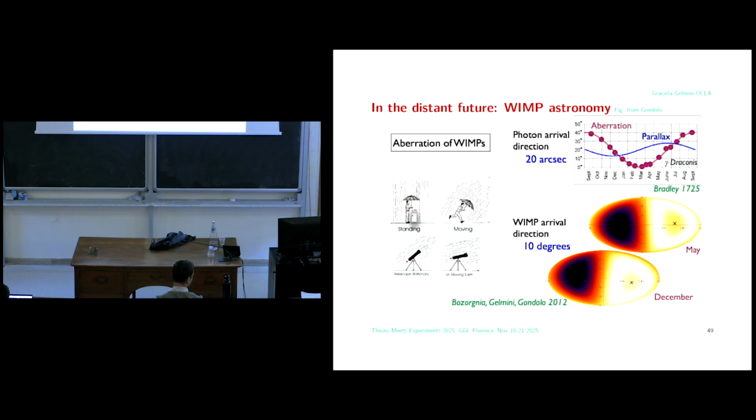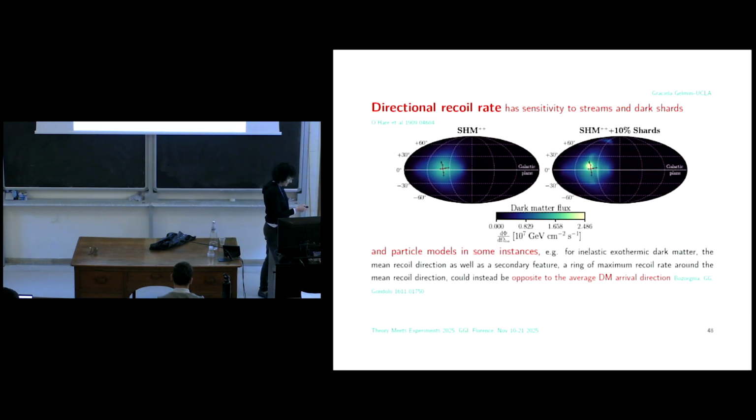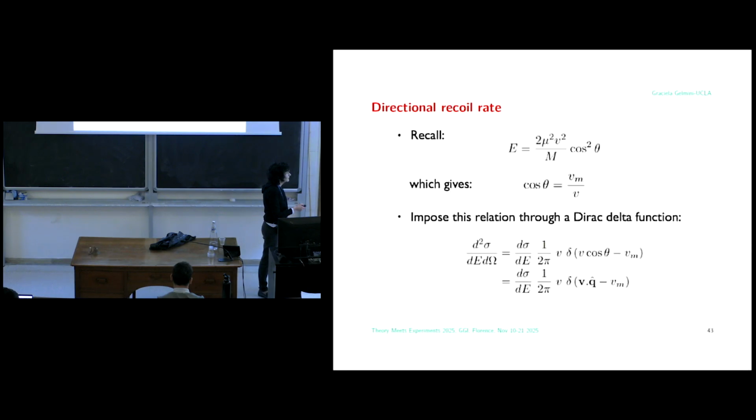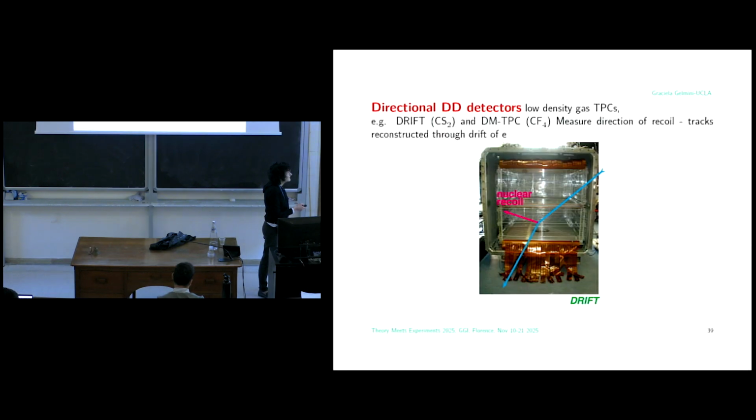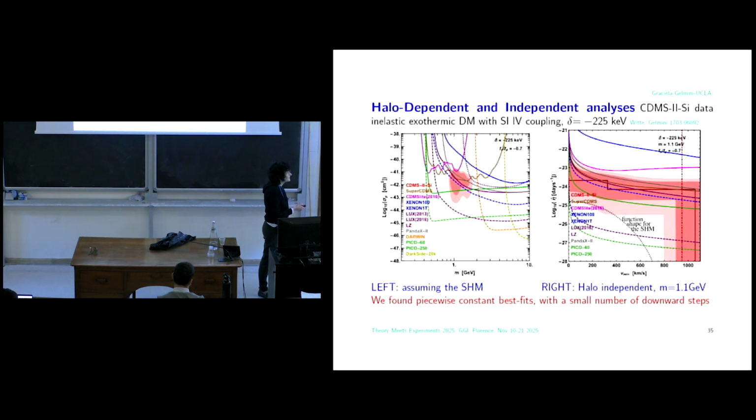Well, if you have more than one velocity distribution, speed distribution in the cross section, more than one. I show you for magnetic dipole, right? The cross section has different terms.